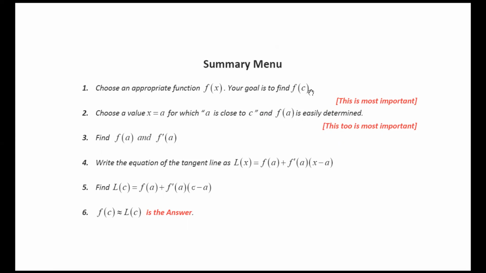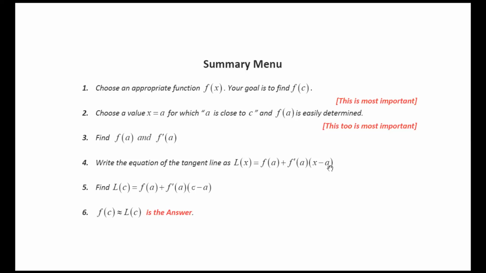Once we choose our function and find the number that works, then we find our y-coordinate by putting a into the function. Then we find the slope by putting a into the derivative of this function. Then we simply plug in our f of a here, our slope here, and our a here, and then we are ready to go.